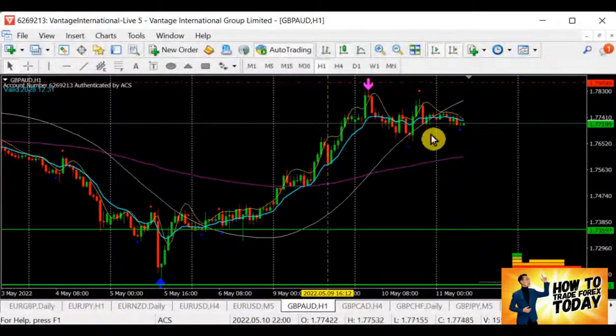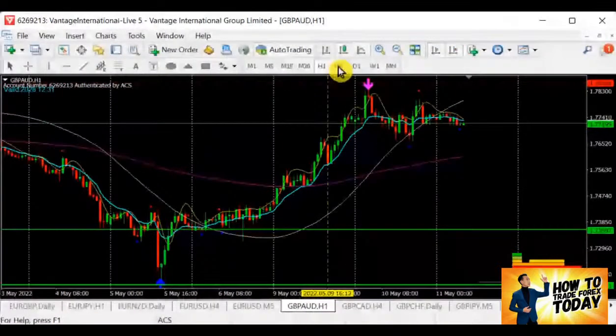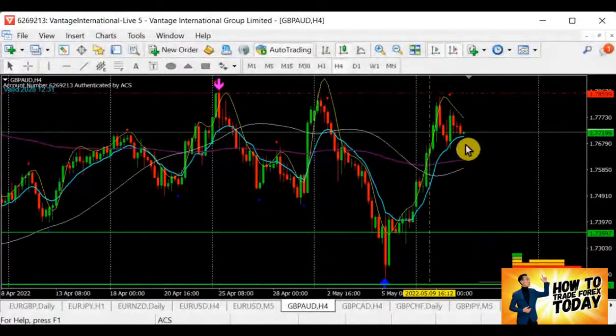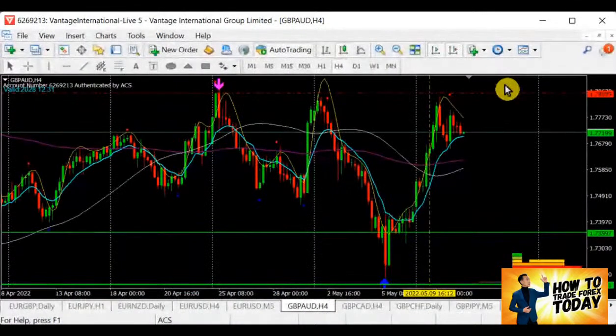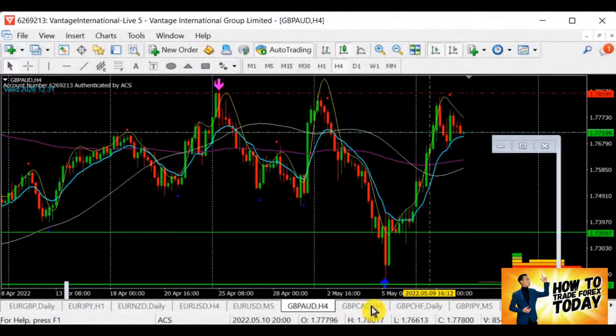If I draw this support up here and you go back to H4, it's already around this aqua line area. That means a higher support is going to form up. So no selling. Is it good for buying in that case? Yes, I would say it's good for buying since the space is still very big for buyers.